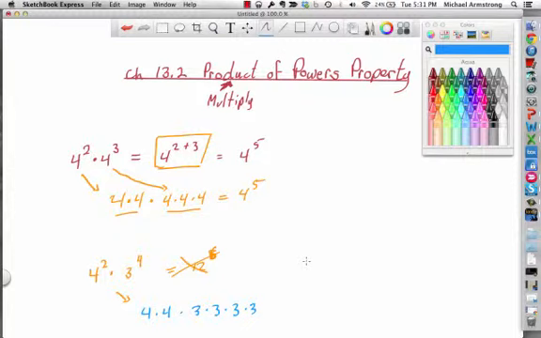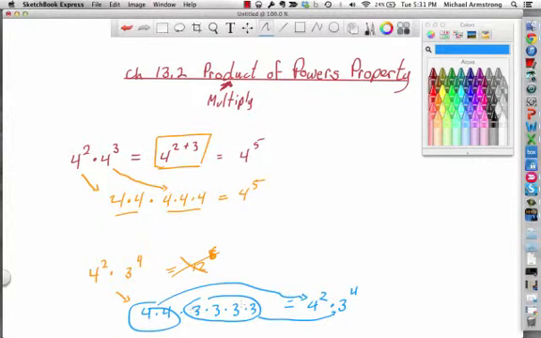And we multiply those together. We don't get 4 to something. We don't get 12 to something. We get what we started with, which was 4 to the second power times 3 to the fourth power. We can combine these into 3 to the fourth power, and we can combine these into 4 to the second power, but we can't combine them together.